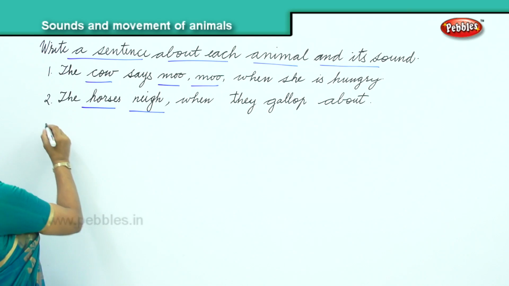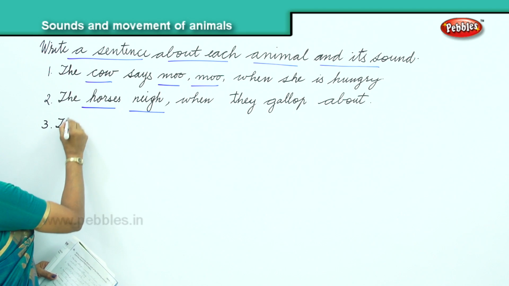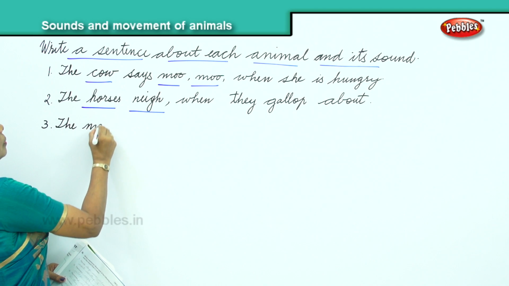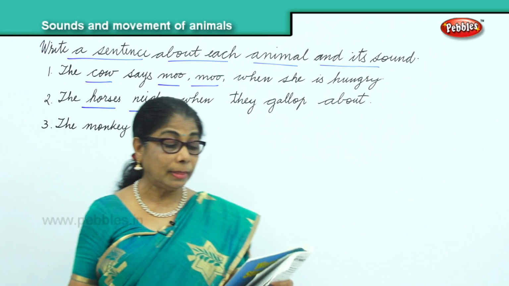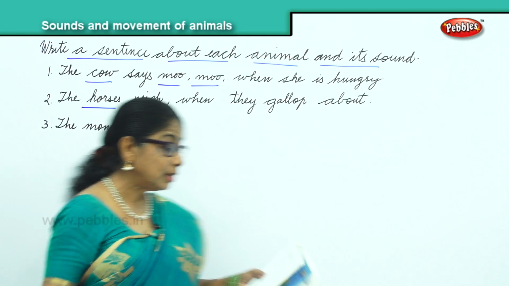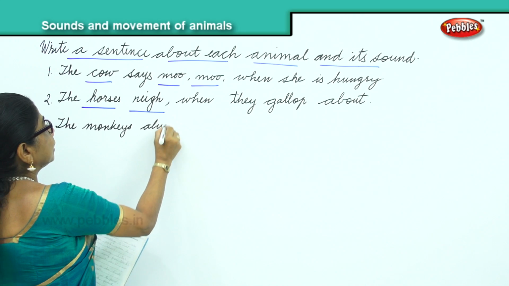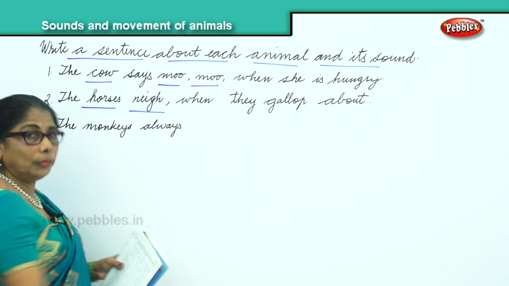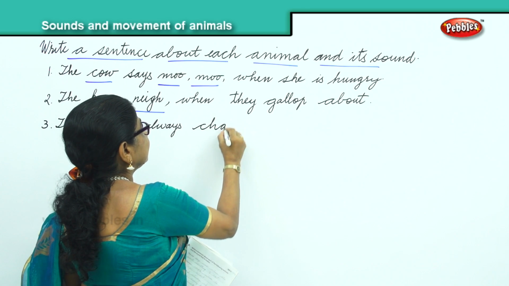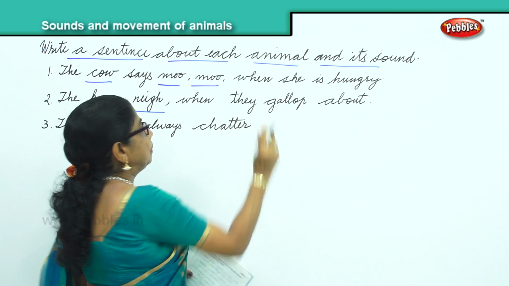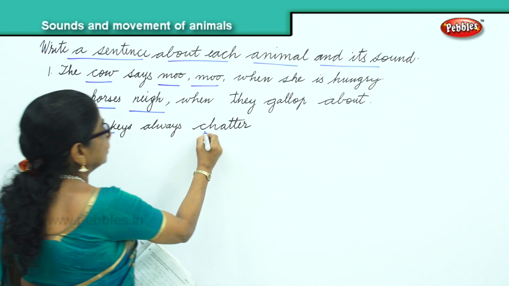Okay, next one. Let's take another animal, the monkey. What does the monkey do? What does the monkey say? The monkeys always chatter. What is the sound made by the monkey? The monkeys chatter.